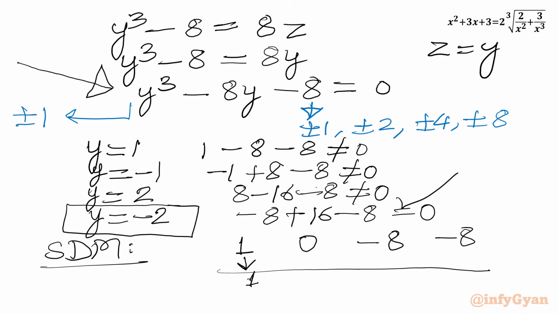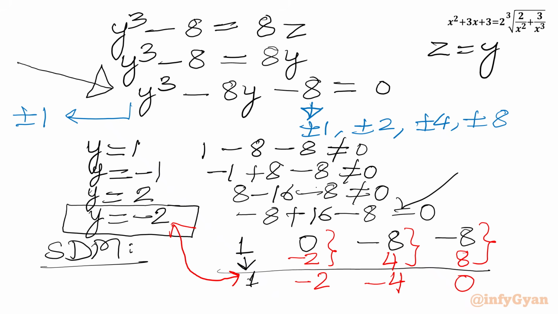Now we have to multiply the base solution with the leading coefficient. So -2 times 1 is -2. We will add these two numbers. We will get -2. -2 times -2 is plus 4. We will add these two numbers. We will get -4. -2 times -4 becomes 8. We will add these two and get 0.